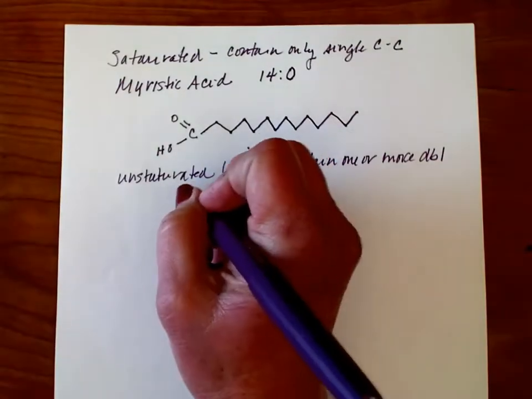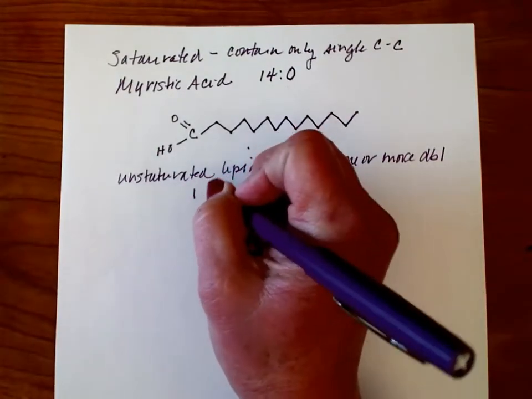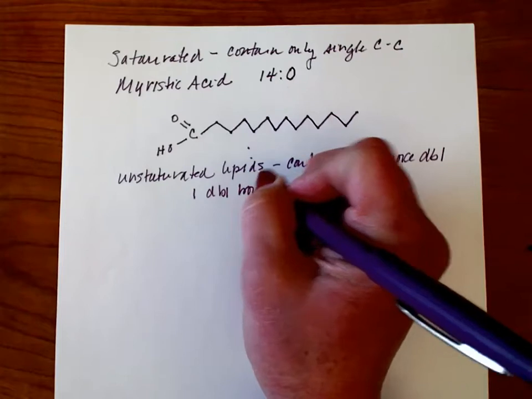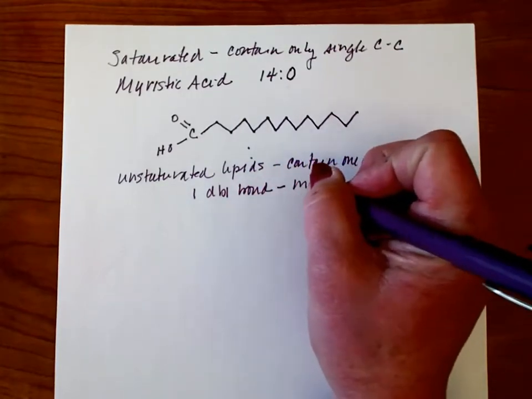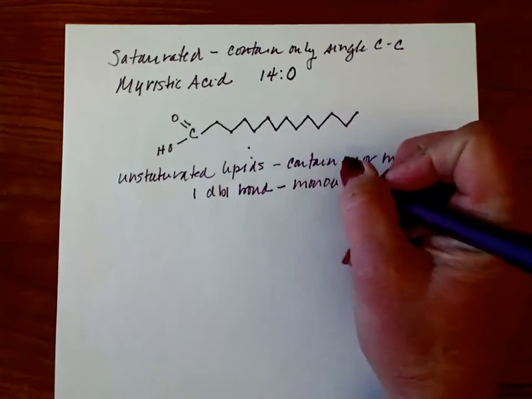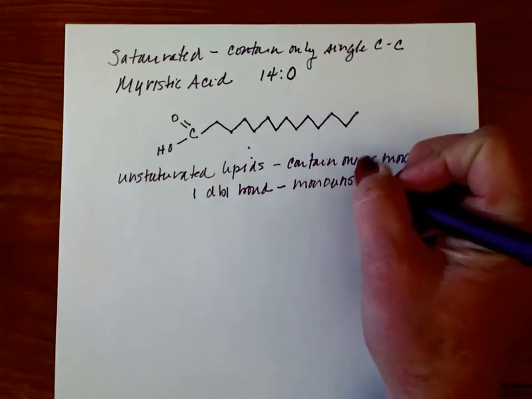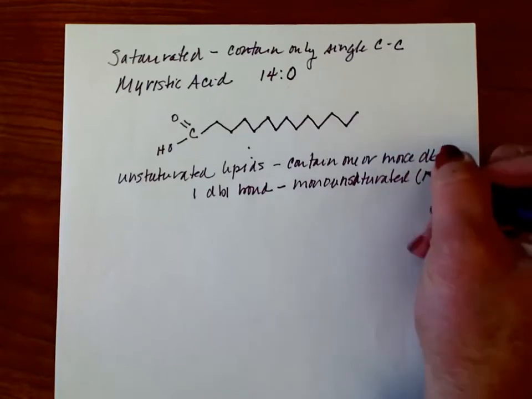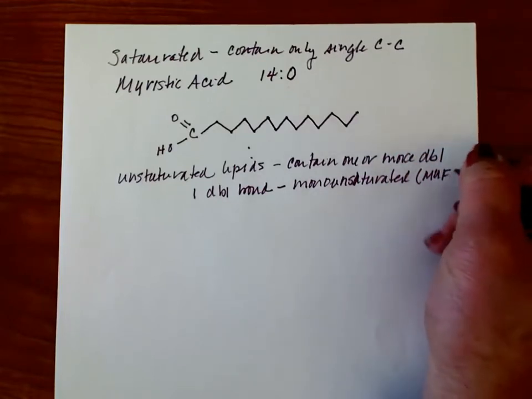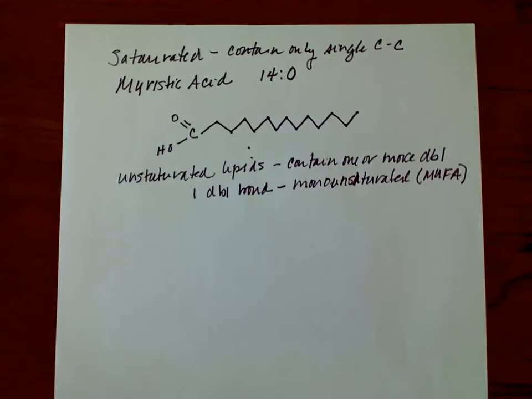If there is only one double bond, we say that it is monounsaturated, MUFA, monounsaturated fatty acid.